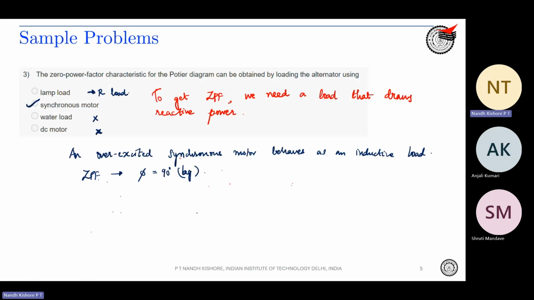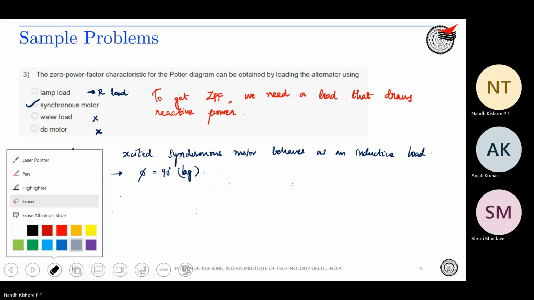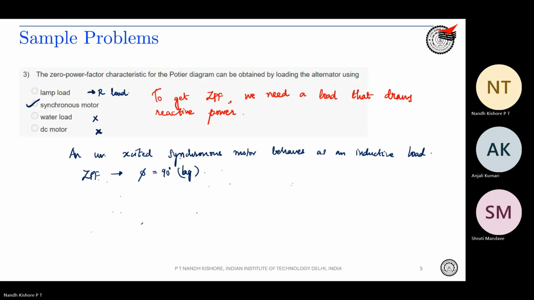Okay. Yeah, sorry. This is an underexcited synchronous motor. Sorry. An underexcited synchronous motor behaves as an inductive load. Okay.